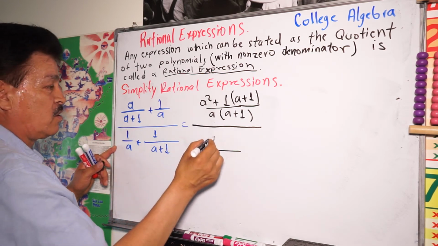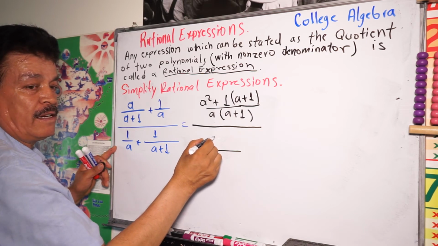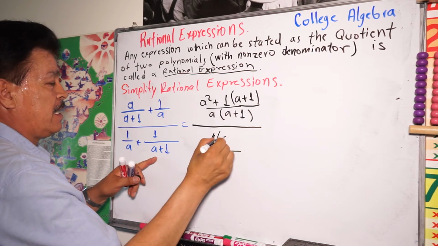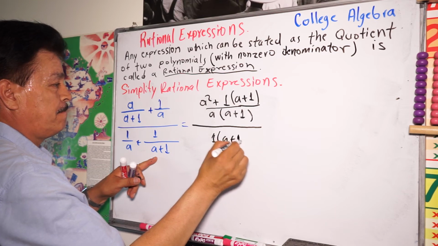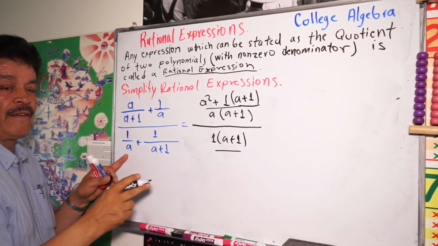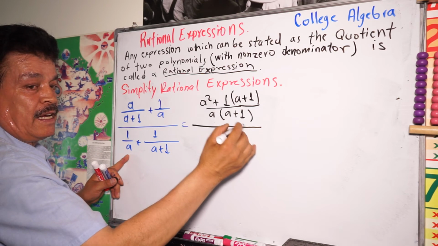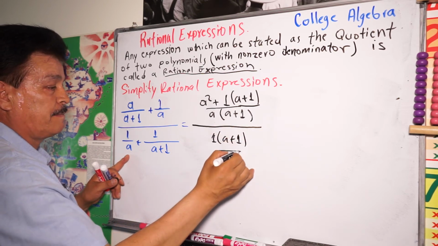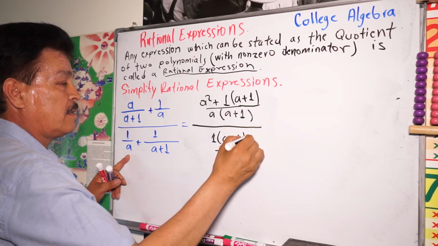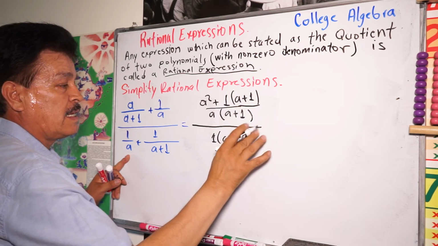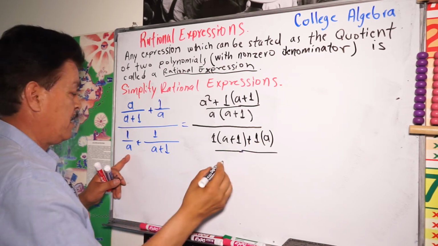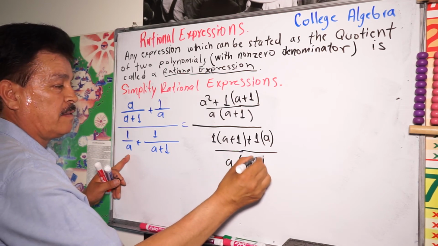On top, we're going to have 1 times a plus 1, and then in the bottom, you are going to have 1 times a, plus 1 times a, divided by a times a plus 1.